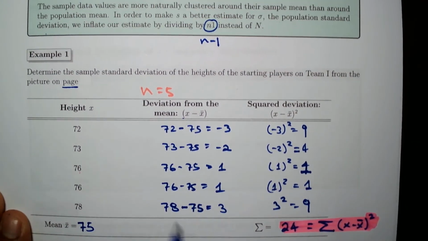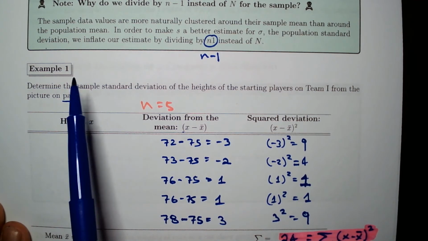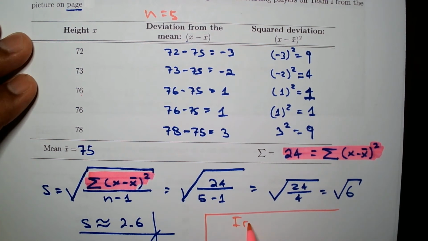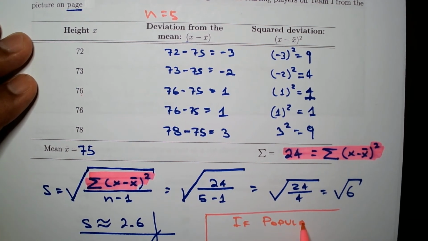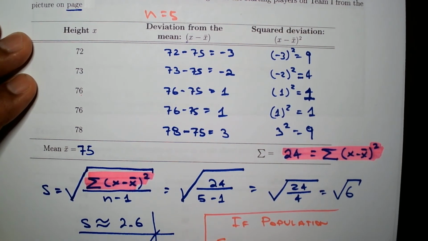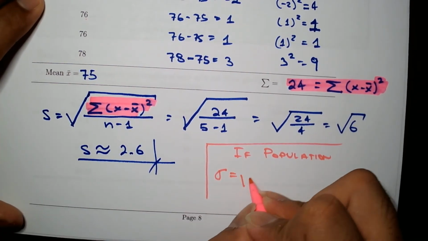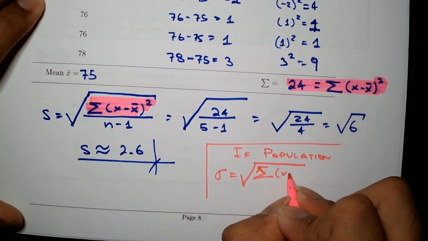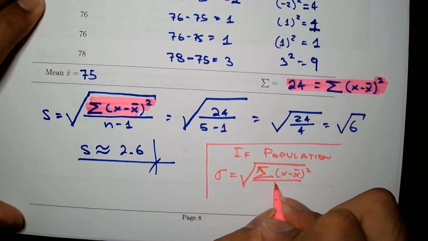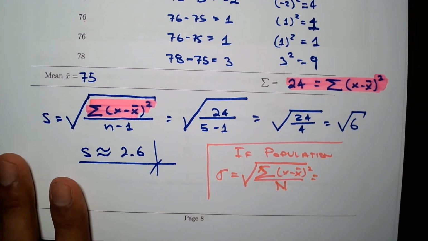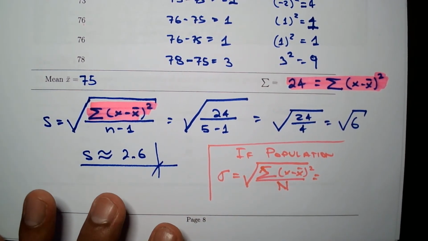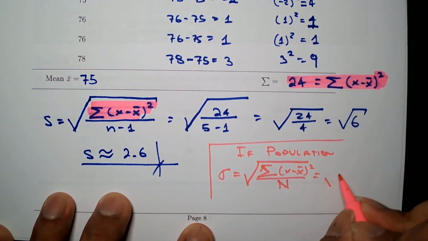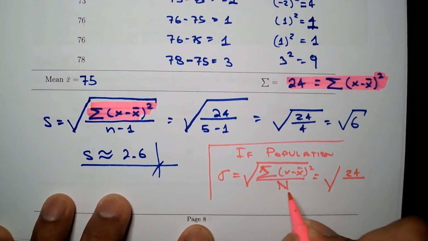If otherwise, well, we didn't have a sample. If it were a population, we would have been doing sigma equals the square root of still the summation of x minus x bar squared over big N. So if this were the population of basketball players, we would still have the square root of 24 over big N. In this case, it would have been 5.